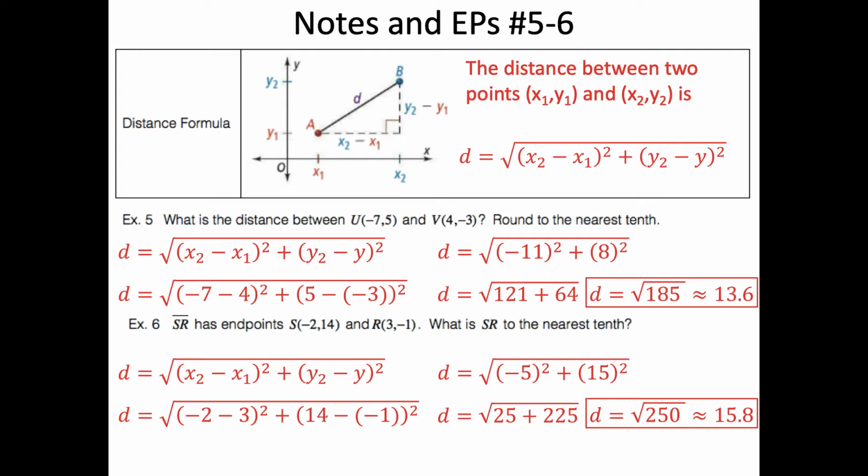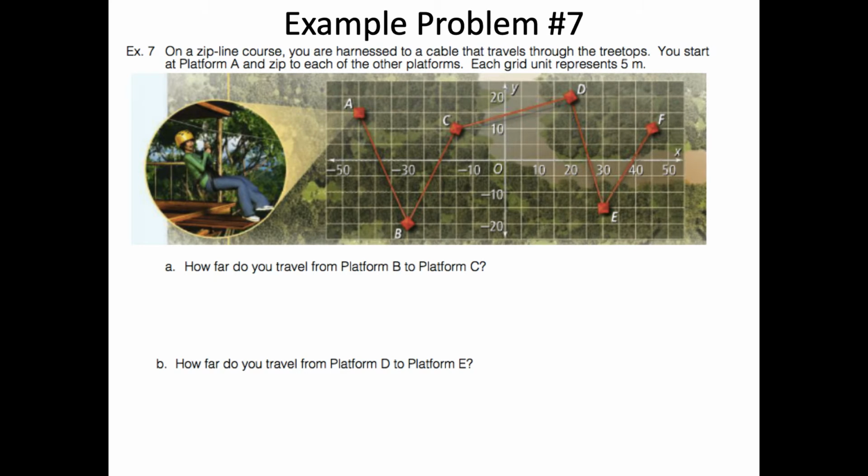All right, let's take a look at problem number 7, which some of you have already started working on. On a zip line course, you are harnessed to a cable that travels through the treetops. You start at platform A and zip to the other platforms. Each grid represents 5 meters. How far do you travel from platform B to platform C?